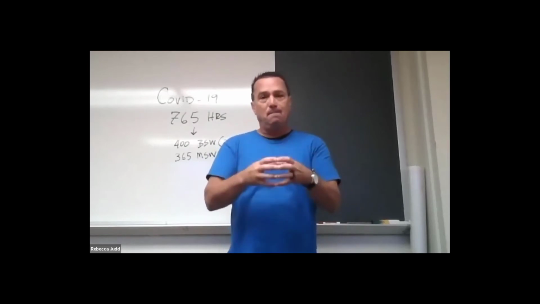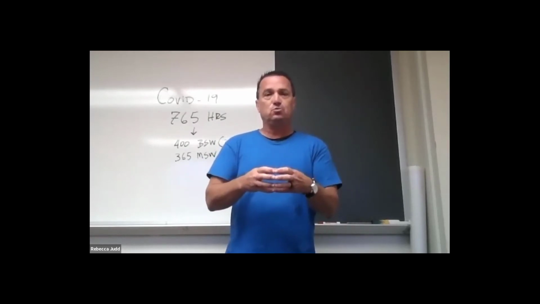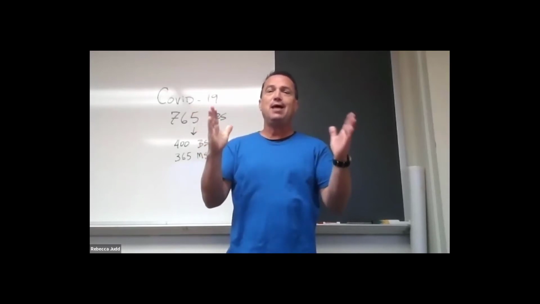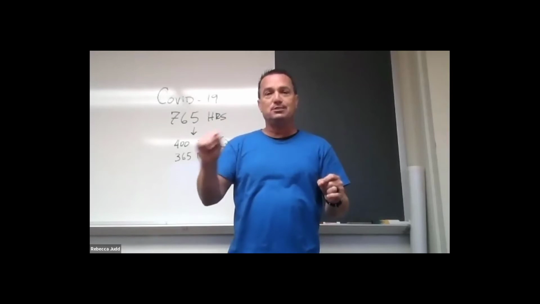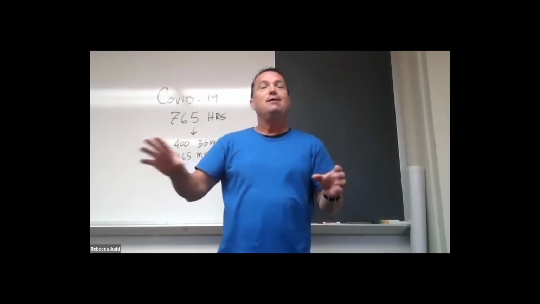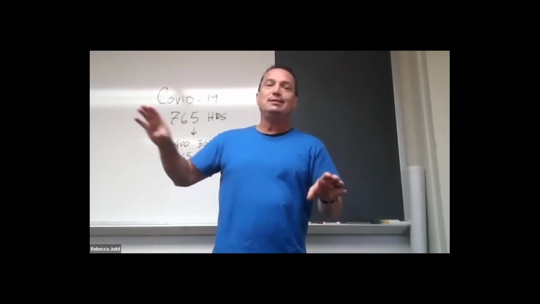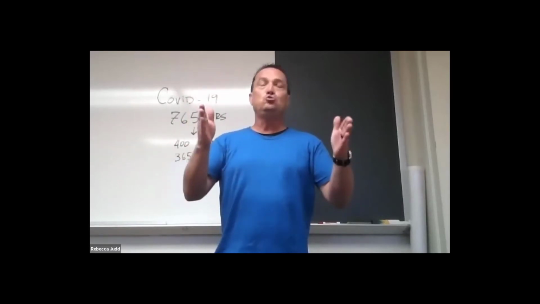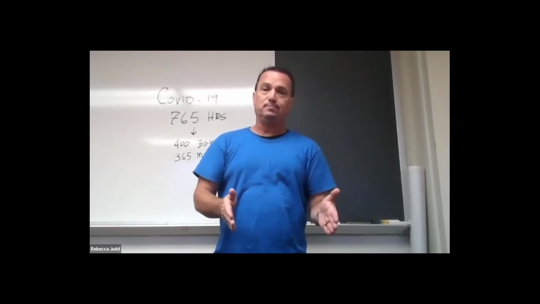So we take the number that CSWE gives us, which is 900, reduce that by 15%, and that gives us 765 hours. Then we take away from that 765 the hours you completed as an undergraduate.